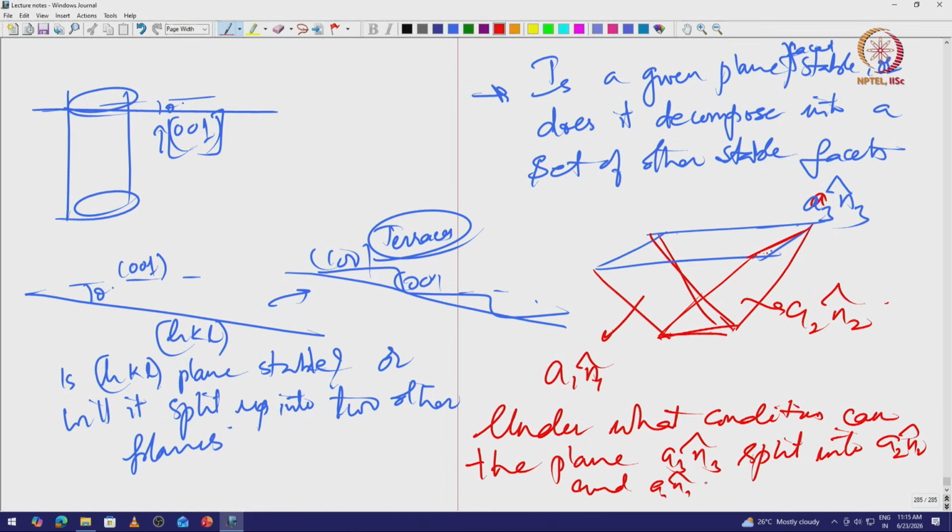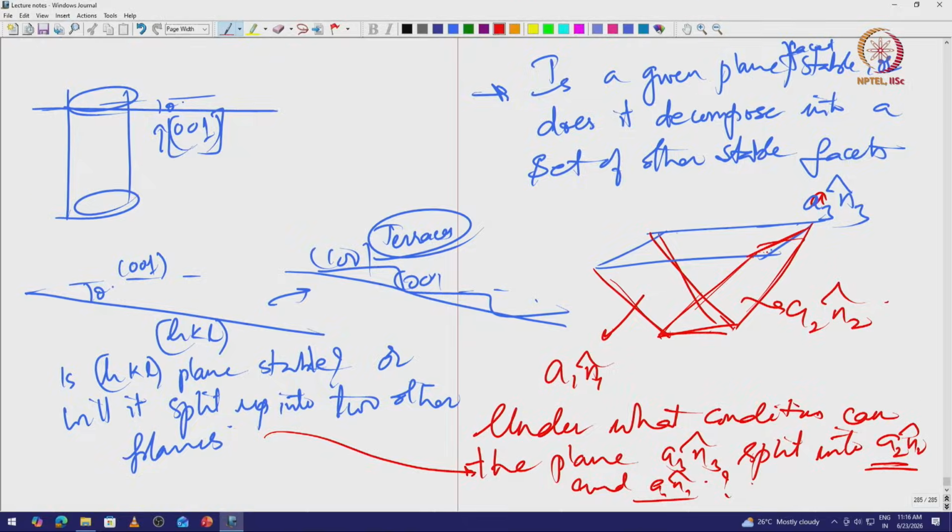That is even simpler than the earlier question. So, I am going to calculate the total surface energy of the A1 plane and A2 plane, and compare it with the surface energy of the A3 plane and see if it is less or more. So, the total capillary energy, not the surface energy.